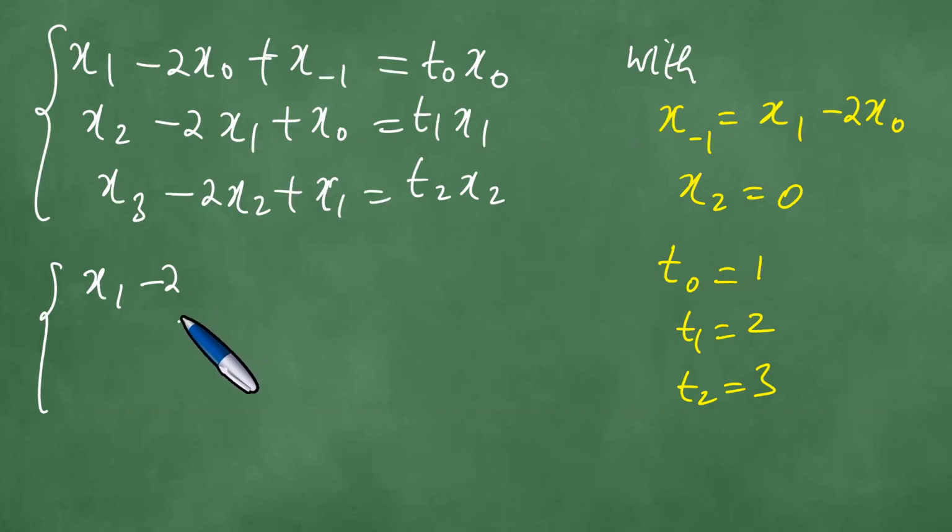Okay, there are certain things we know, like we know x naught. What is x naught? We can write it in terms of that, but it's not numerical. We don't know a numerical value for it, but we know x subscript minus 1, which is exactly x1 minus 2x naught.